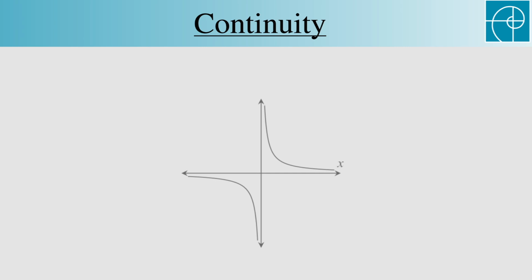Let's look at the graph of 1 over x. This looks discontinuous, since we've got two separate parts, one on either side of the y-axis. But the x value separating these pieces is 0, and 0 is not in the domain of f, so it doesn't have any effect on continuity. Remember that continuity is determined entirely by how f behaves on its domain.